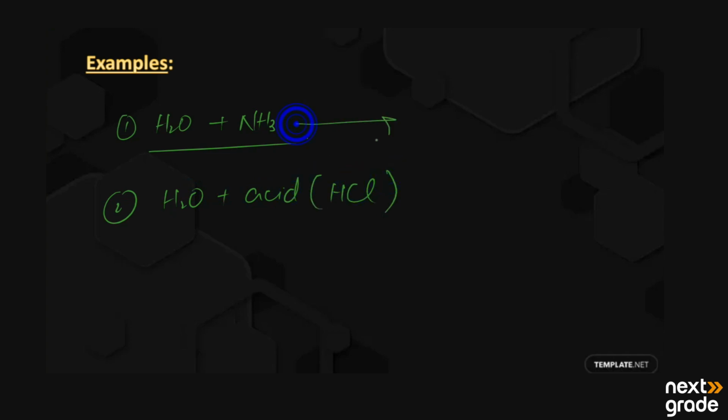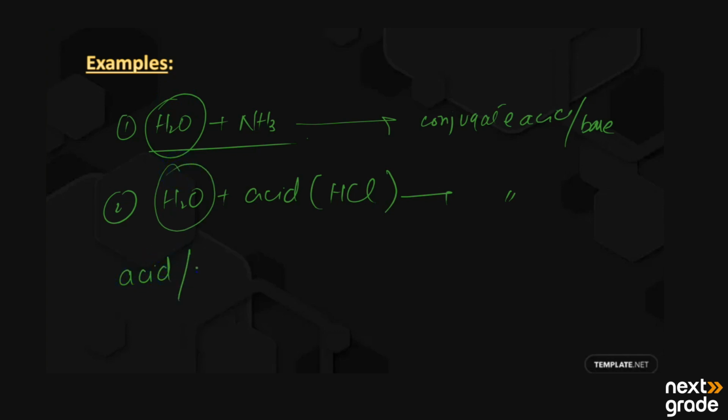After the reaction it produces conjugate acid as well as conjugate base, and in this reaction also it produces conjugate acid as well as conjugate base. So water acts like acid as well as base. Water is mainly amphoteric in nature.